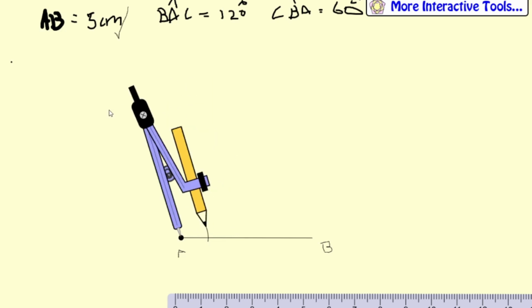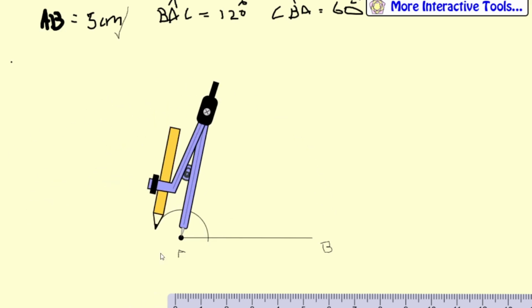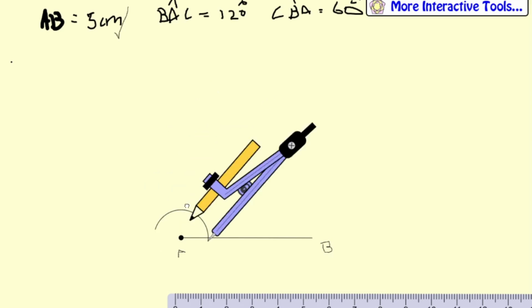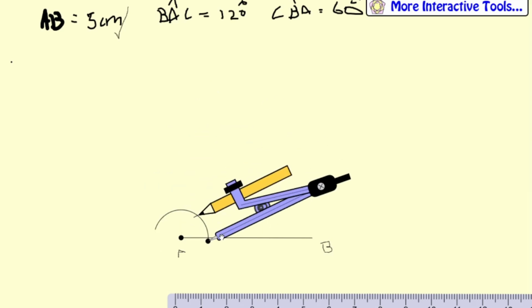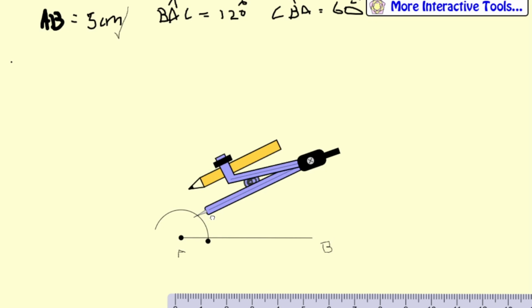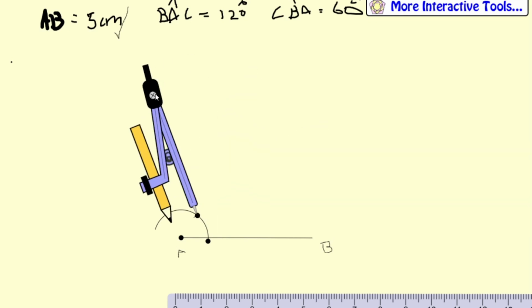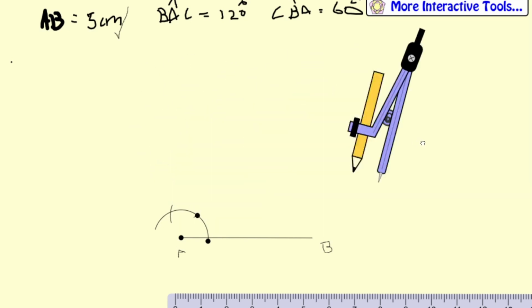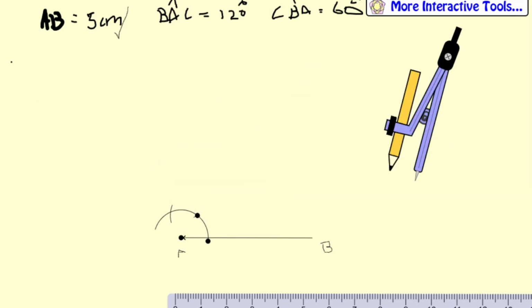Once again, we can scribe like this. Scribe to get our 60 first, and then scribe again to get our 120. This is our 120, and we can just draw a line. We do not know where it's going to end as yet, so that's why we drew it so long.